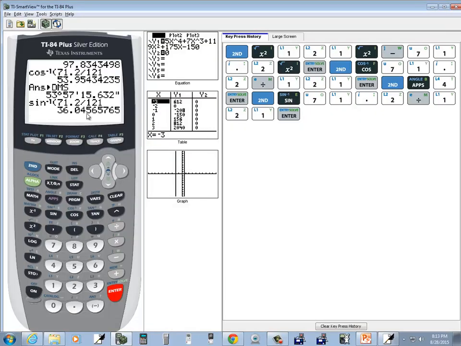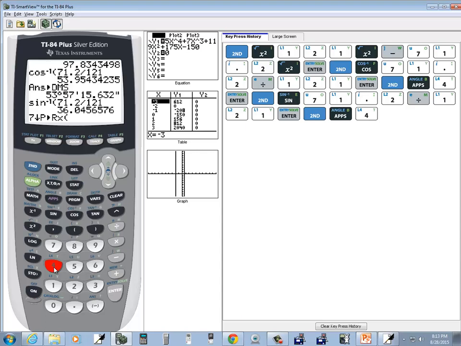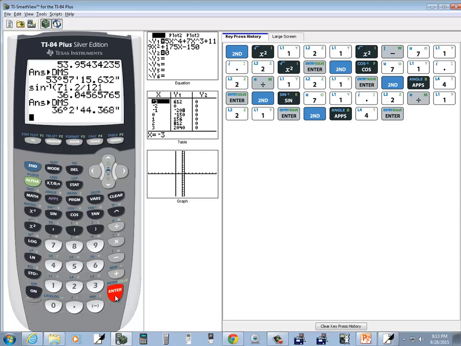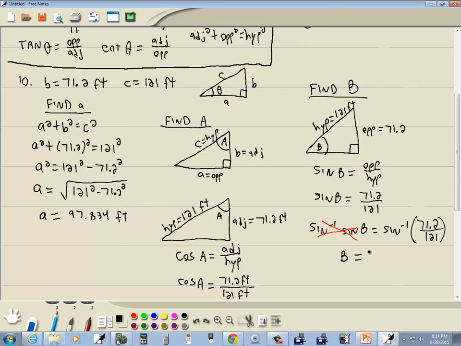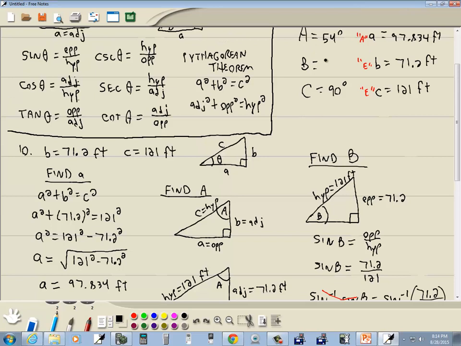So I need to change this to degrees, minutes, seconds. So I'll do second apps. I want to choose number 4, so I'll press 4. And that'll convert it to degrees, minutes, seconds once I press enter. So we got 36 degrees, 2 minutes. So the nearest 10-minute mark is 0 minutes. So this will go down to 36 degrees.